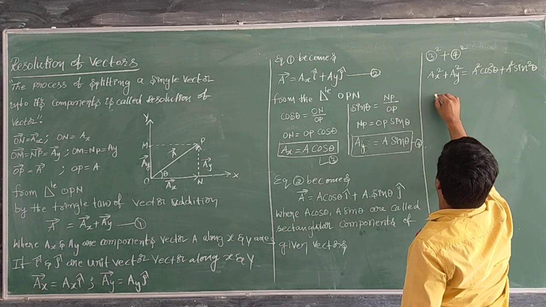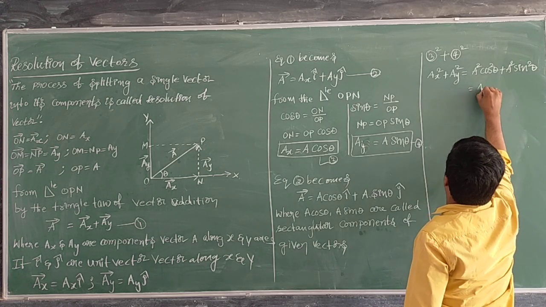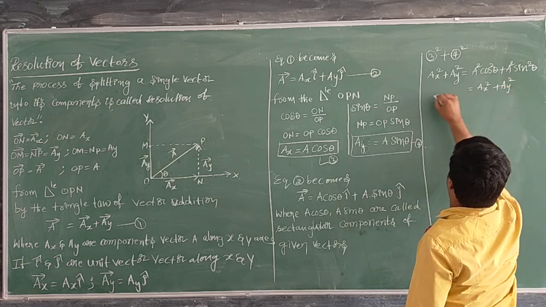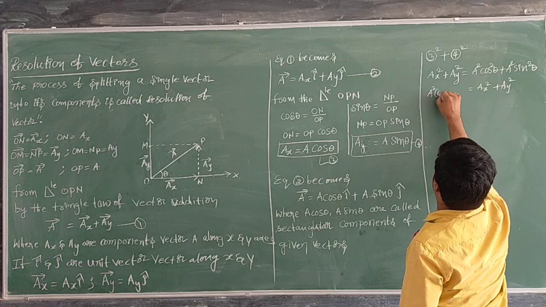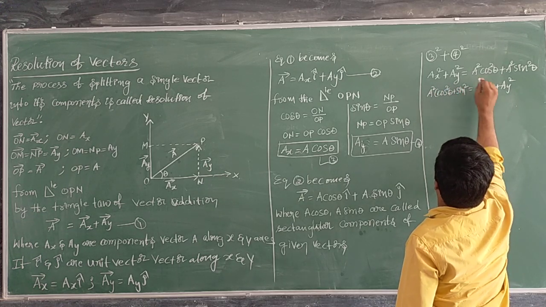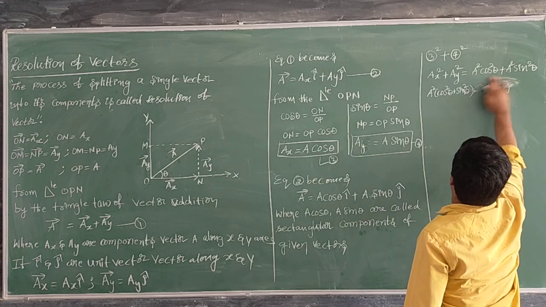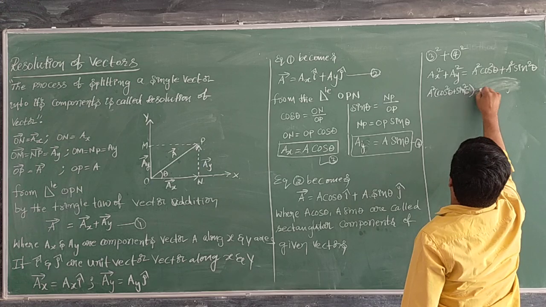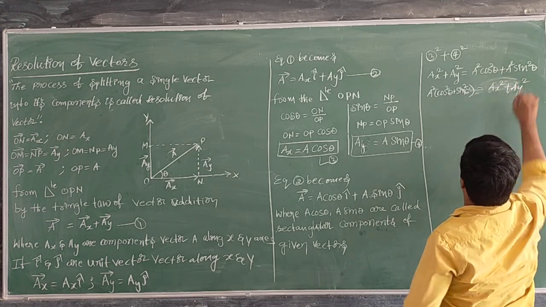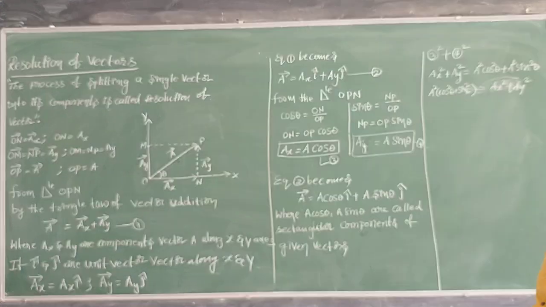Taking A square common, cos square theta plus sin square theta, whose value is 1.